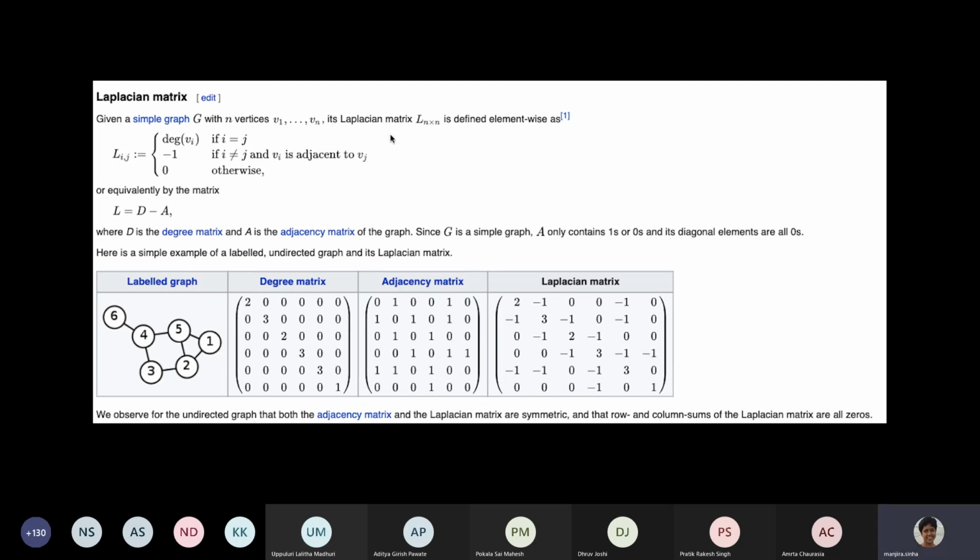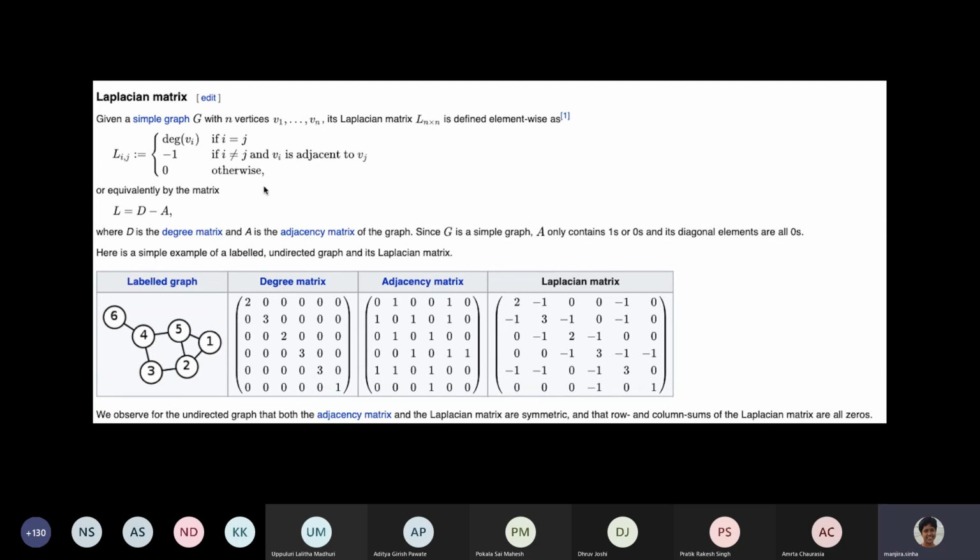The Laplacian of the graph is defined element-wise as follows: in the Laplacian matrix, the element Lij, at the intersection of the ith row and jth column, will be the degree of the vertex Vi if i equals j, that is, the diagonals; it will be -1 if i is not equal to j and Vi is adjacent to Vj, that means if there is an entry in the graph adjacency matrix; and it will be 0 otherwise.